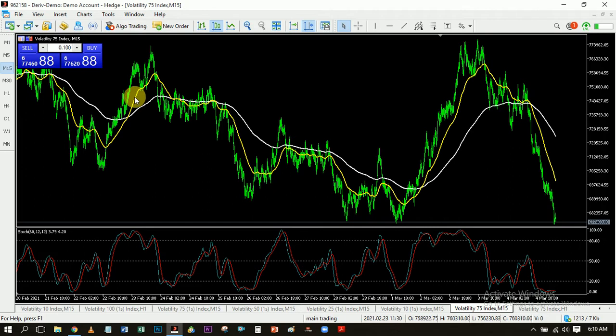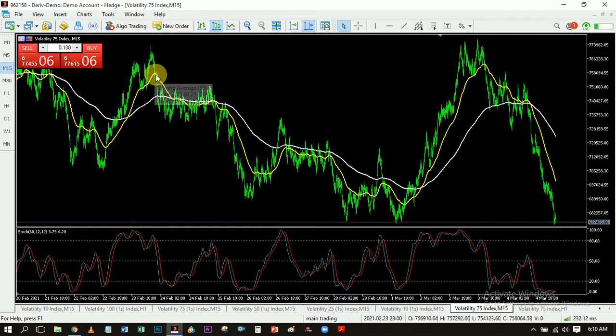Simple, straight, and without stressing. I'm looking for a push up for a sell signal. I'm looking for a push to the 80 side or above the 80, between 80 and 100. I want to see the stochastic move between 80 and 100. That tells me that the market has given me a pullback.